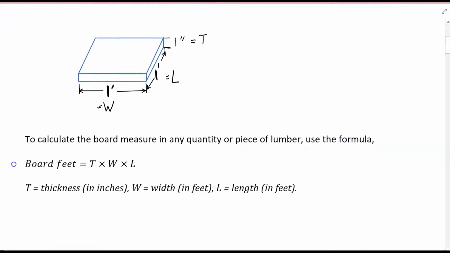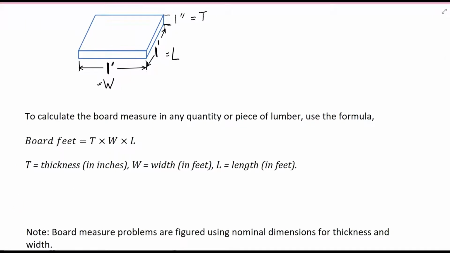To calculate the board measure in any quantity or piece of lumber, use the formula that board feet is equal to thickness, which must be measured in inches, width, which must be measured in feet, and length, which must be measured in feet.